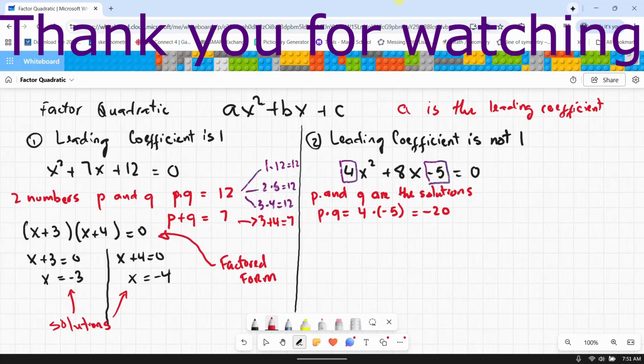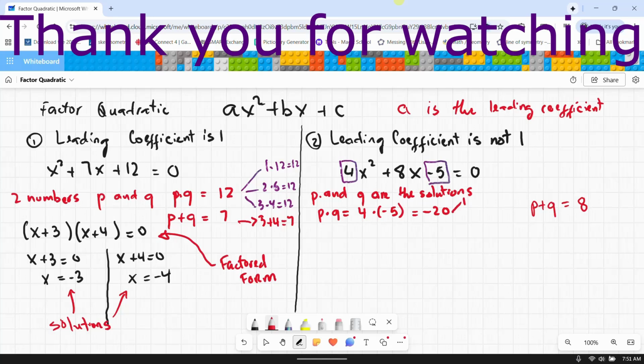Also keep in mind that we want P plus Q equal to 8. So let's see what we got. We factor the negative 20 into two different numbers, P and Q.